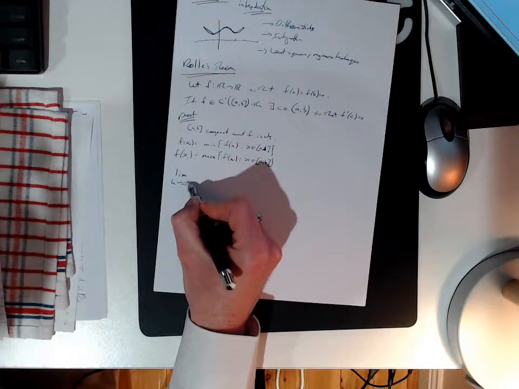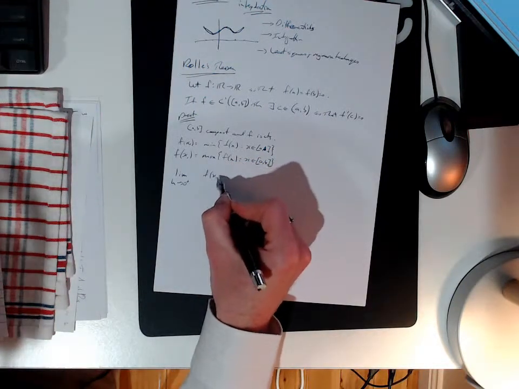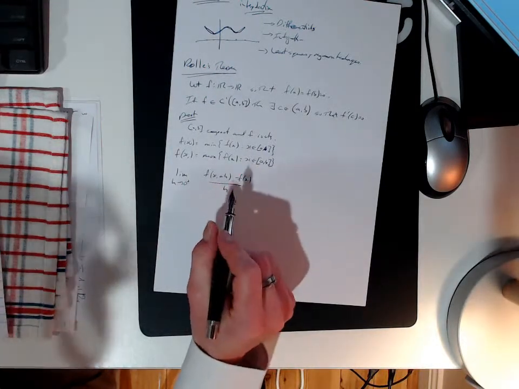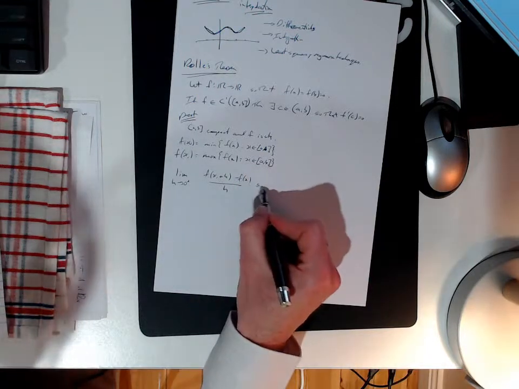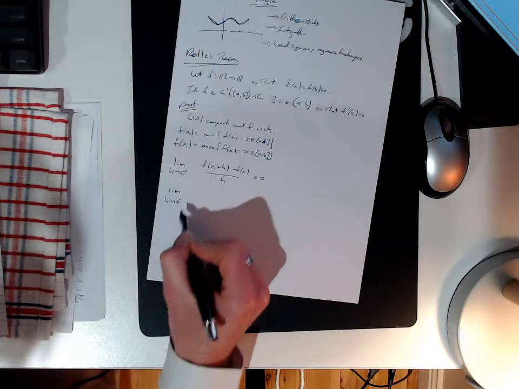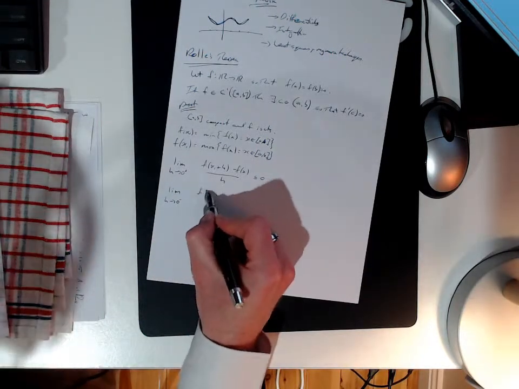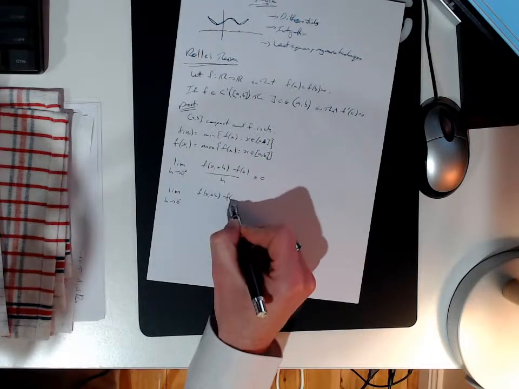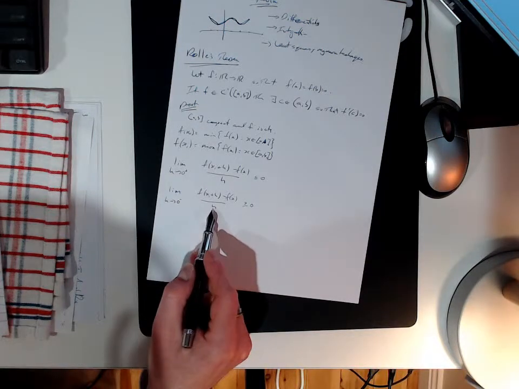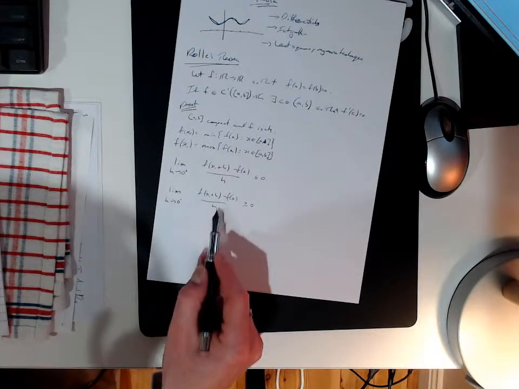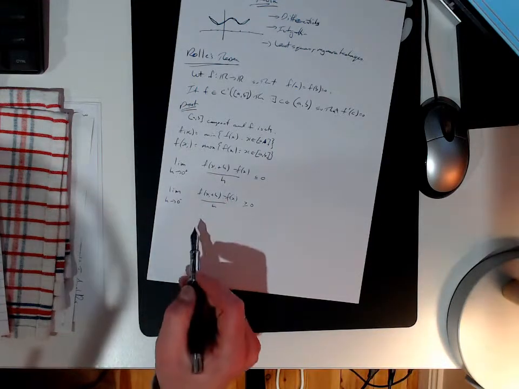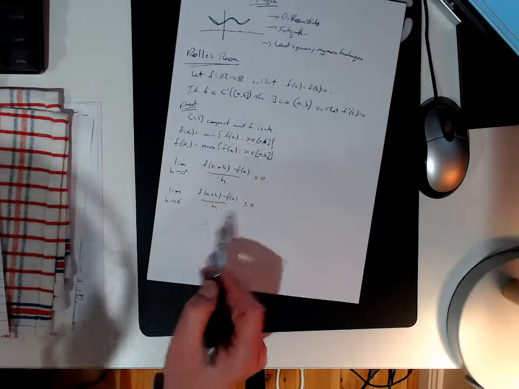Consider the limit as h goes to 0 from the positive direction of (f(x1 + h) minus f(x1)) over h. Now f(x1) is the maximum, so this has to be less than or equal to 0. We take the limit as h goes to 0 from the negative direction of (f(x1 + h) minus f(x1)) over h, and that has to be bigger than or equal to 0 because h is negative in this case.